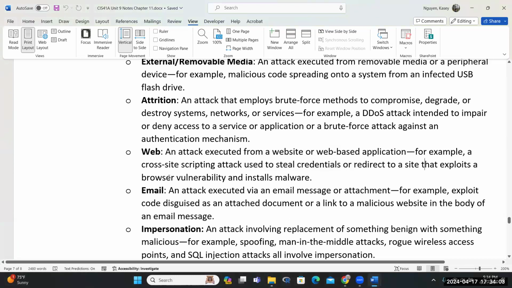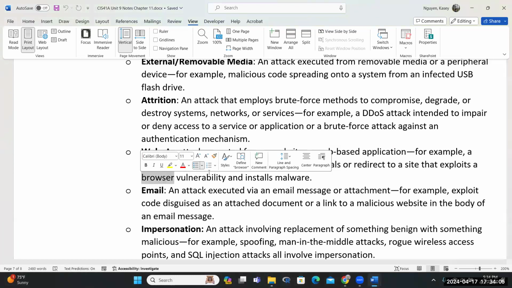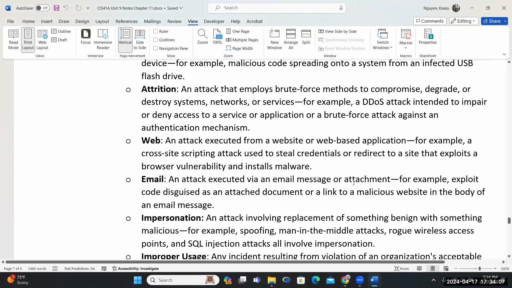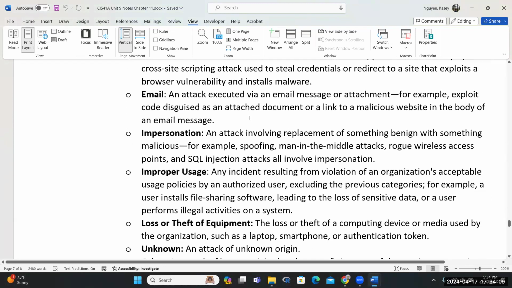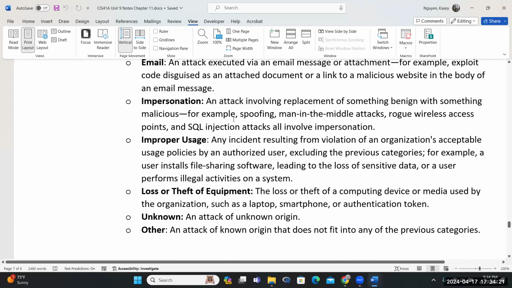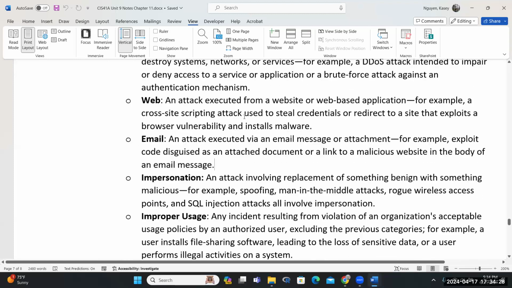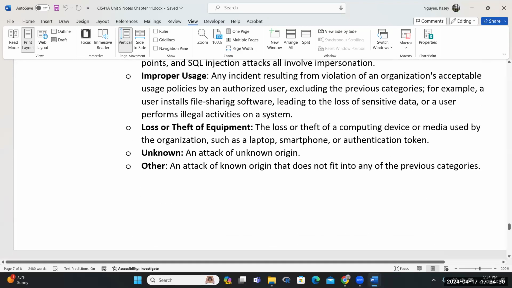Exploitation could be through the browser, right? Man in the browser. There's tons of different attacks that we've learned. And the vulnerability. Email is also another area that we have to look at, how a malicious entity can come in via ransomware or malware attachments and phishing, so many things. Okay, so these are some of the things that look at threats and how the threats can impact your operations or your critical systems.